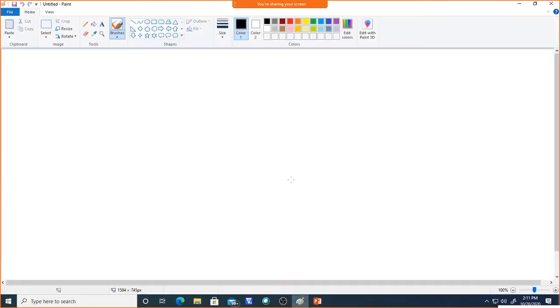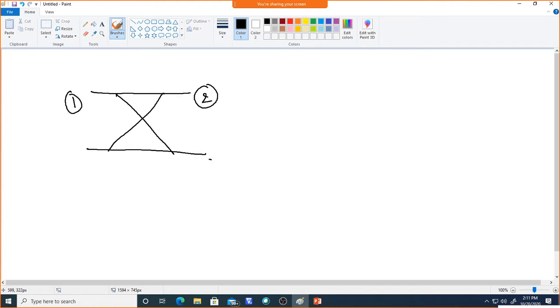As you know, the directional coupler has 4 ports. If I feed the power here at port 1, this is the through port, this is the coupled port and this is the isolated port.